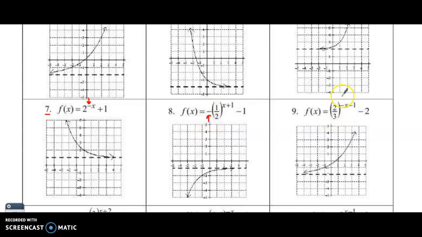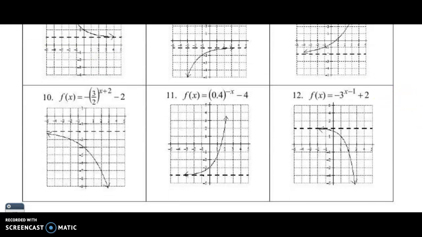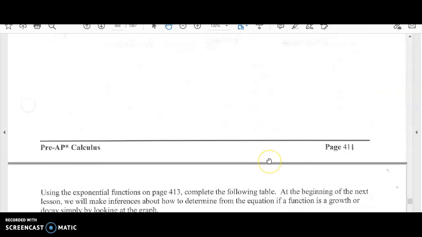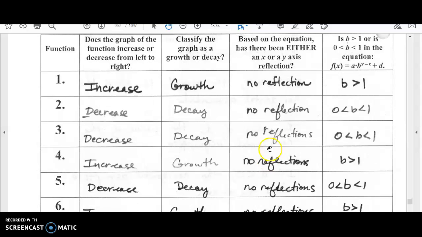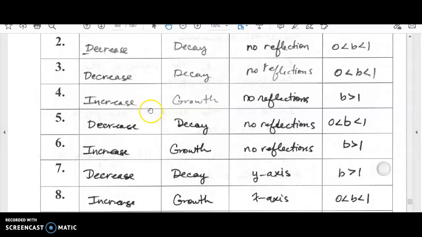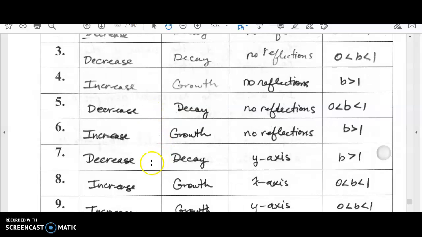That's 1 reflection. Number 9, a negative right here. There's 1 reflection. Number 10 has 1 reflection. 11 has 1 reflection. And 12 has 1 reflection. So you're looking at where the negatives occur, either in front or in the exponent. Like I said, I'm going to show the answer key. So we already did 1 and 2 together. So here would be 3 through 8.